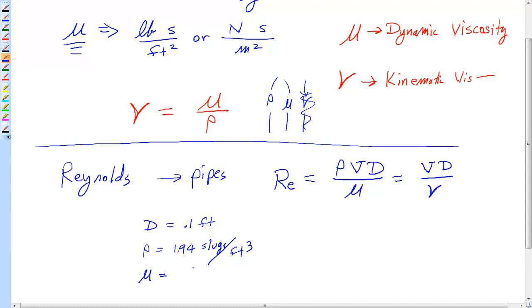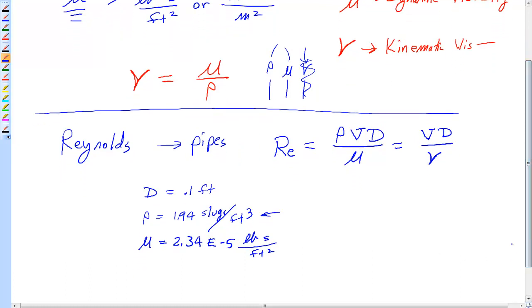We had a viscosity. This, by the way, is for water, and if that's for water, we might as well make the other one for water, and it ends up being about 2.34 e to the minus 5, and it's in pounds second per foot squared.